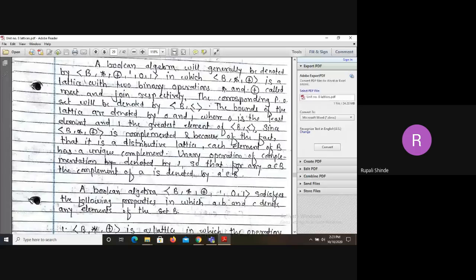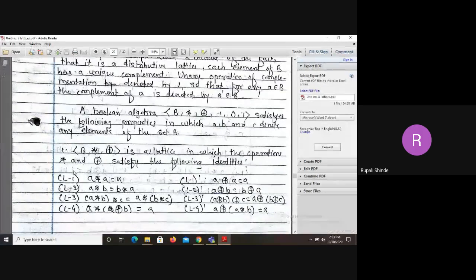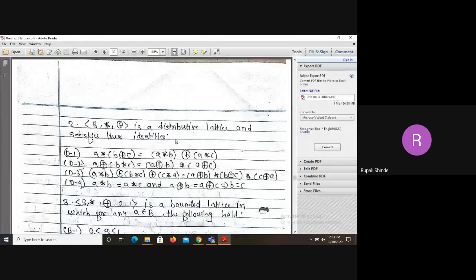So a Boolean algebra is a complemented, distributive, bounded lattice. So first part is it is a lattice. Whatever definitions and properties we have applied for lattice are applicable for this Boolean algebra, and that is included in first part. Second part, this is a distributive lattice, so we have written properties for distributive lattice.